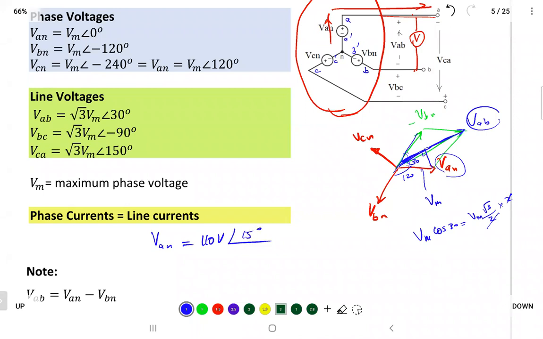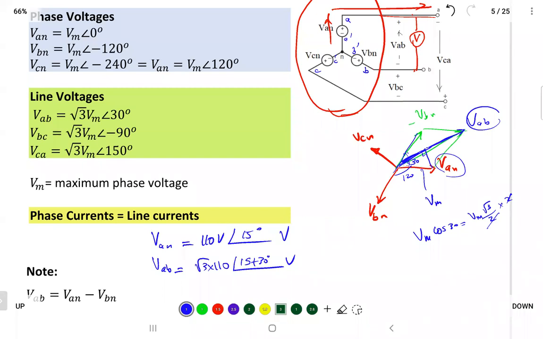I'm not starting from 0. And then I'm asking, what's VAB, the corresponding line to line voltage? I multiply square root of 3 times 110, and I know that VAB leads VAN by 30 degrees, so it's 15 plus 30. That's VAB. So the magnitude is bigger, and it's leading the phase by 30 degrees.